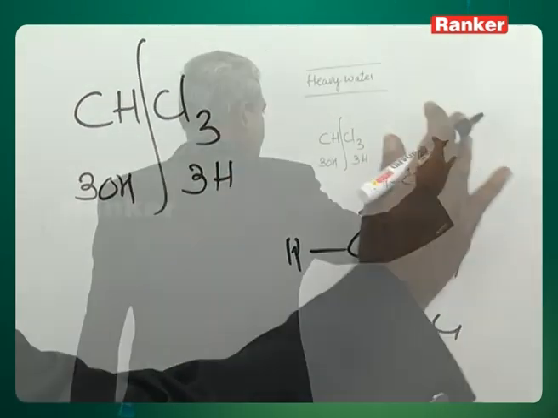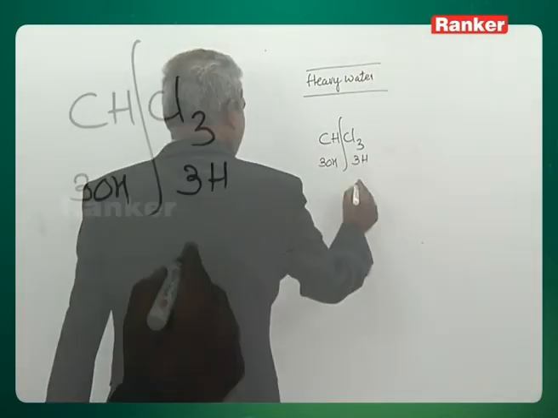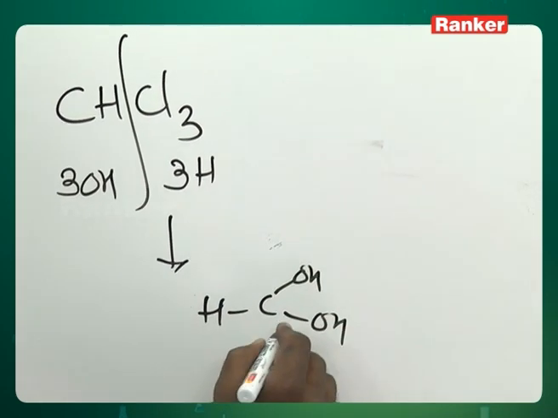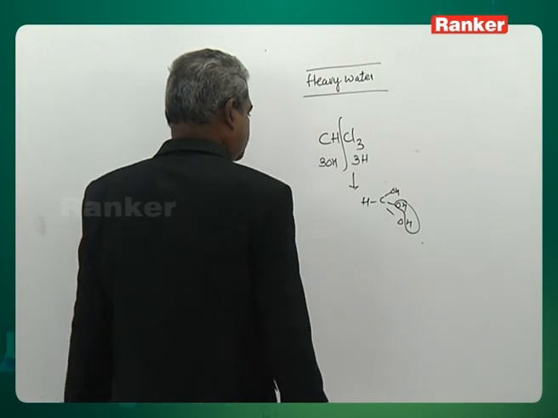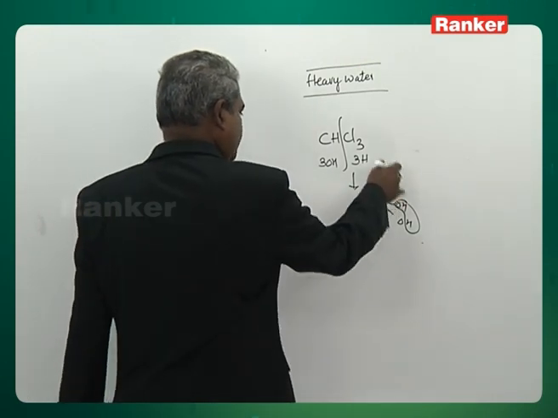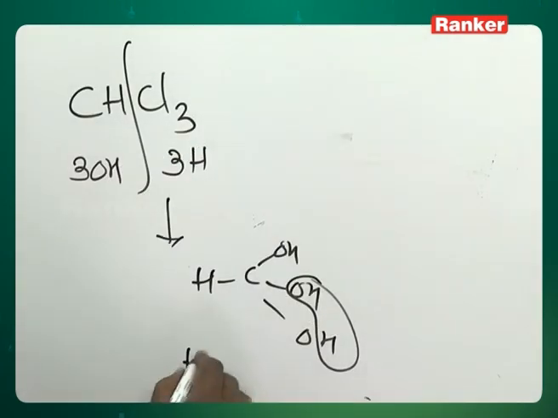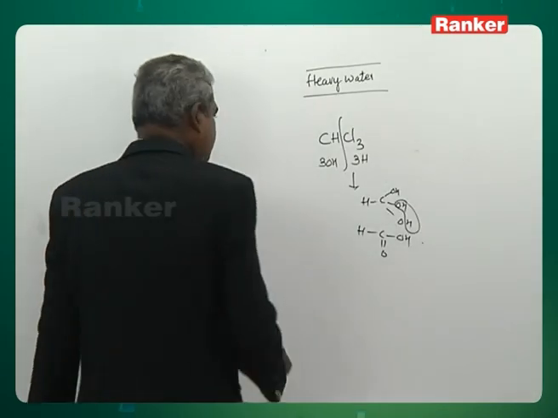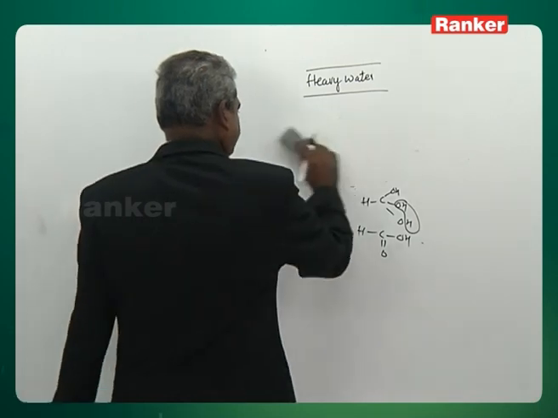So break the bond, H there, OH here. So what do you get? HC(OH)3 and water, H2O. So carbon cannot handle 3 OH groups. Carbon can handle only 1 OH. So you have HC double bond O, OH, HCOOH, formic acid. Chloroform on hydrolysis gives formic acid.